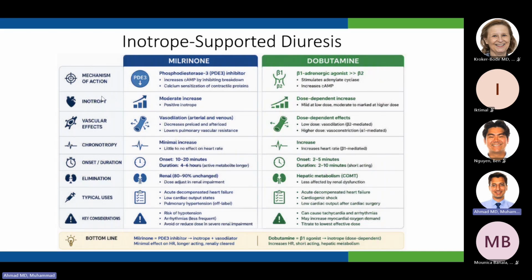So when you get that history that they're already on all this medication, you want to think, which one am I going to use? The blood pressure is not bad, it's 97, so you can choose either one. If the blood pressure was a little worse, then dobutamine is superior because it won't bring the blood pressure down anymore. But you have to still take into consideration that carvedilol that's around.